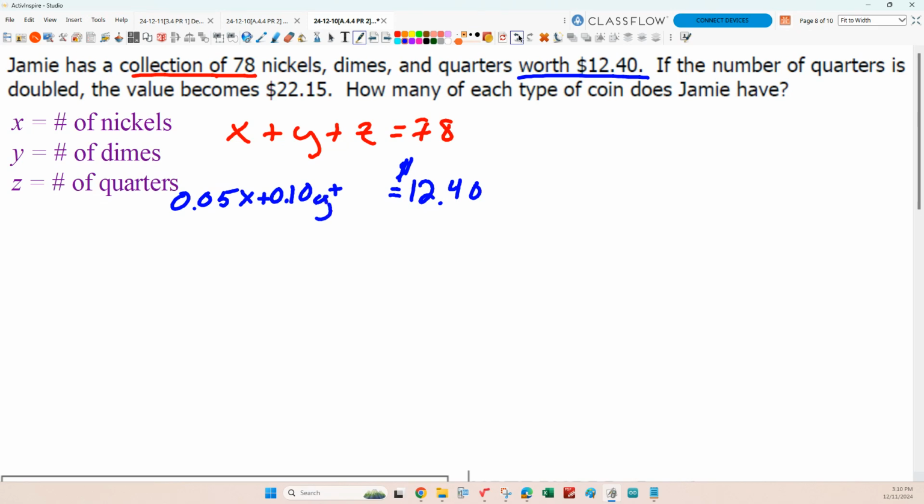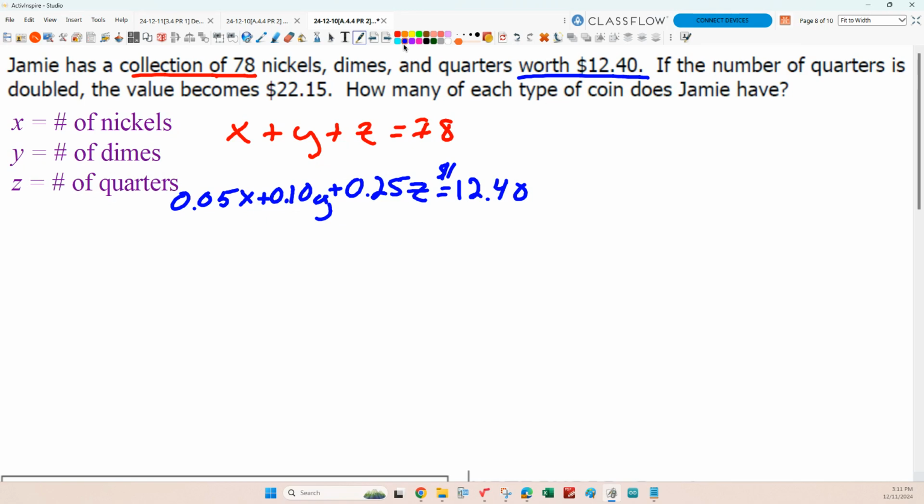And then finally, what's going to be the value of all the quarters? 0.25Z. There you go. Okay, so I got to scoot this over. That's getting in the way. Need a little more room. Okay, good. There's my second equation.